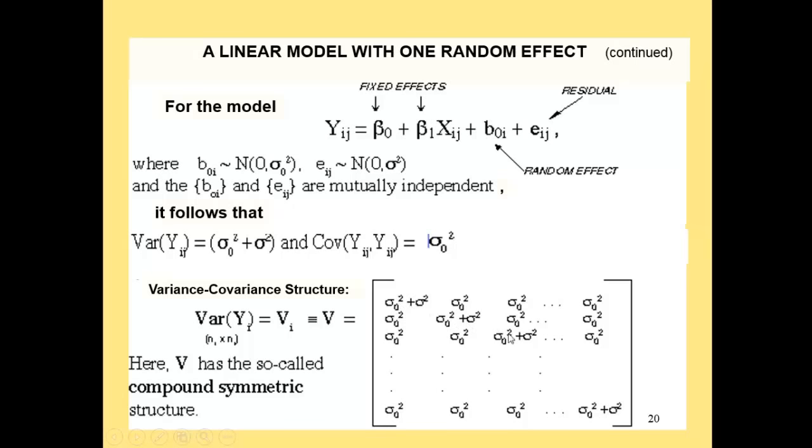The variances go on the diagonal, and the covariances are all going to be the same. So all of the off-diagonals are going to be the same. This is particular to our linear model with one random effect where Bi0 and Eij are mutually independent, okay? So this Vi that I'm showing you is just specific to this model.